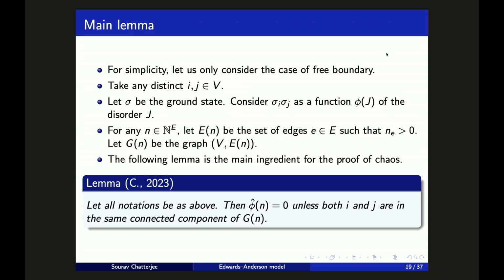You have this function phi, which is a function of the J's. It has its Fourier coefficients, which are just numbers. And then for each index n, you define a subgraph, which is a deterministic graph, depending on your n. And then I'm saying that the nth Fourier coefficient is 0, unless both i and j are in the same connected component of this subgraph.